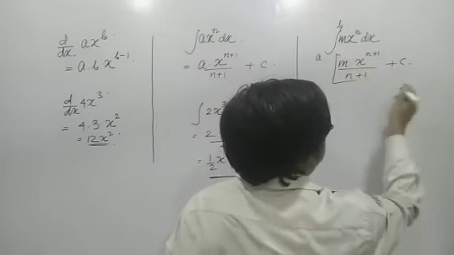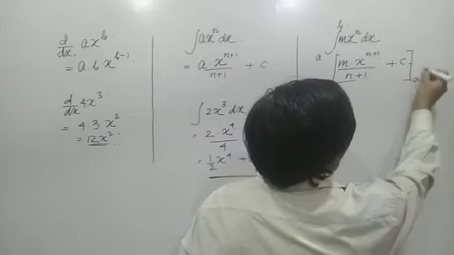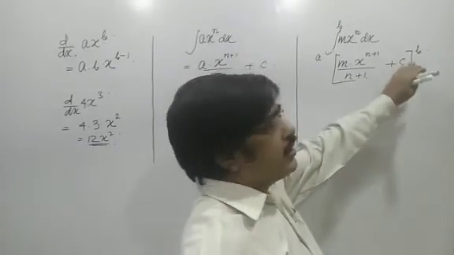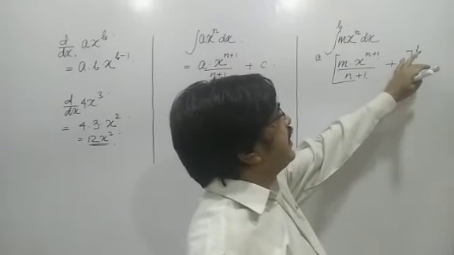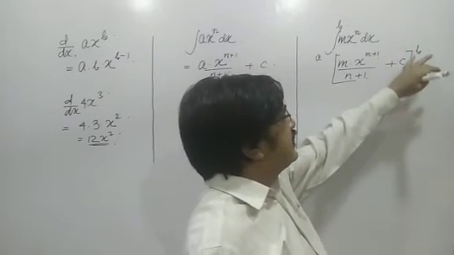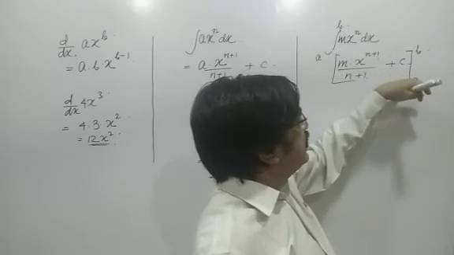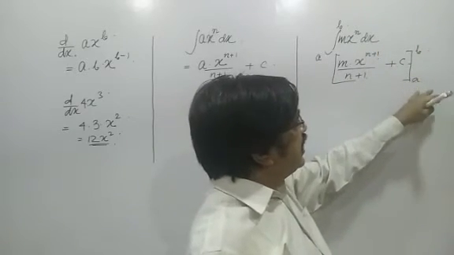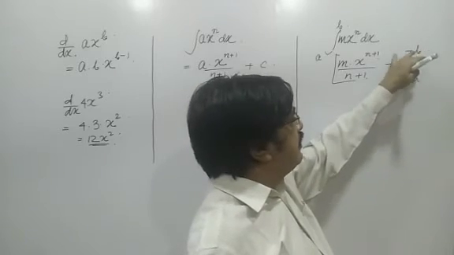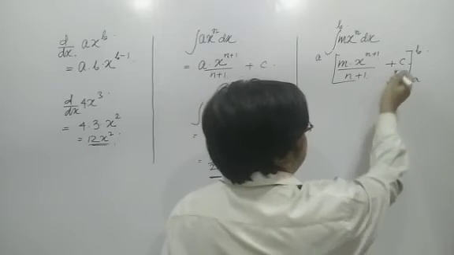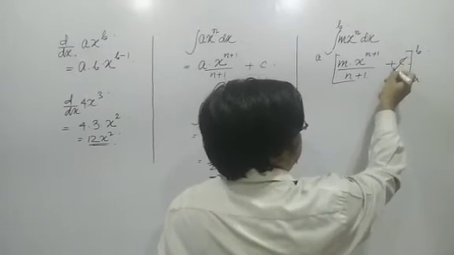The basic integration can be done from a to b. But c is a constant, so c can't be placed here, as whenever this function operates within this limit, then for lower limit and upper limit c will be common, so it will be cancelled out easily. In that case you can't write down c.